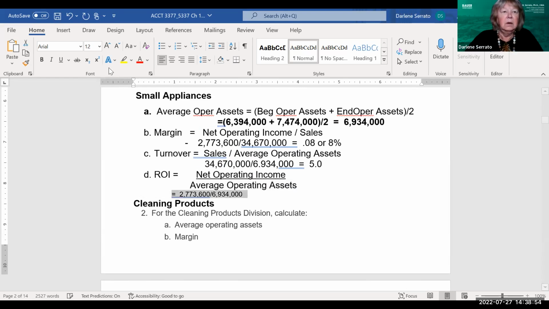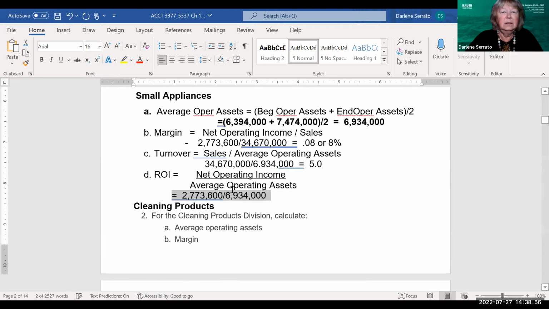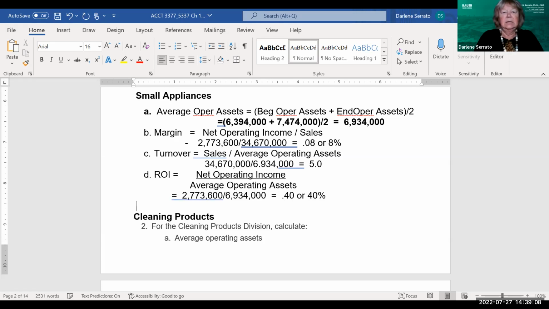That's going to equal 0.40 or 40%. Since we've already calculated margin of 0.08 times turnover of 5, that equals 0.40 or the 40%.